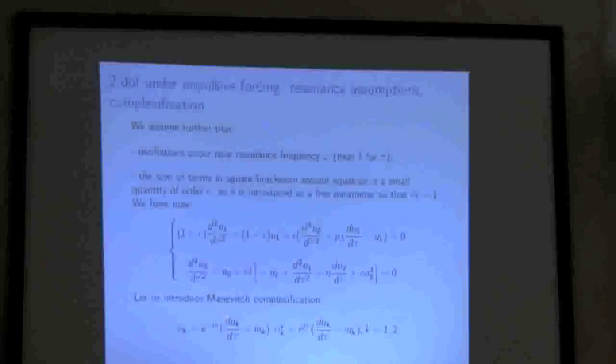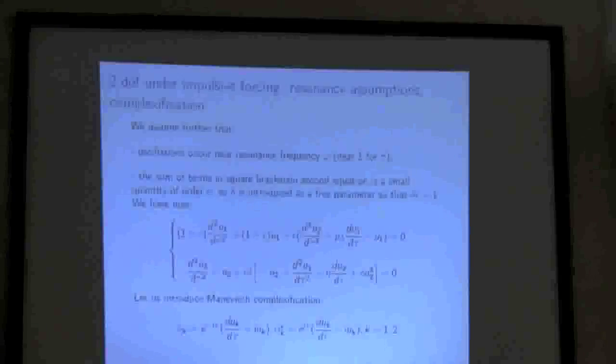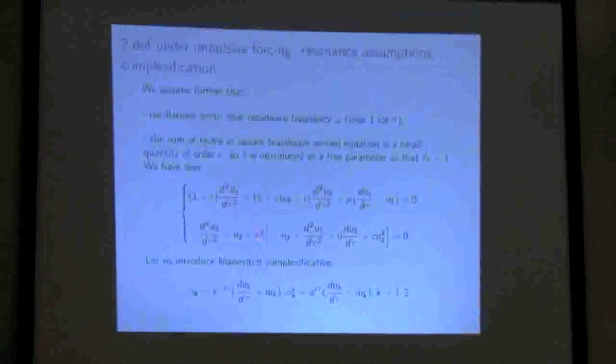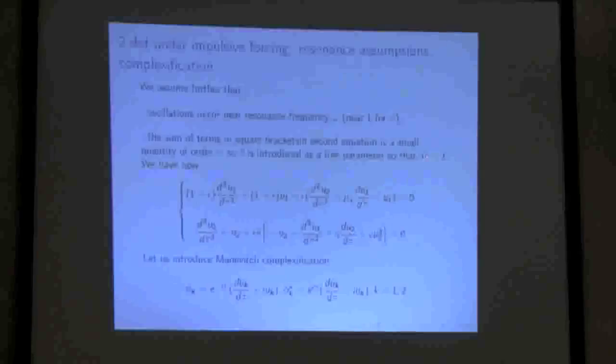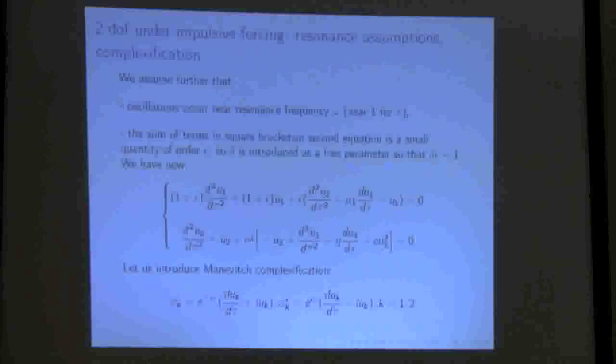So you see, I consider the same equations, but here I have a bracket term, and again I do something that could appear as a little bit strange. I introduce delta equal 1 over epsilon, and then I will forget and say, okay, delta will be a parameter.